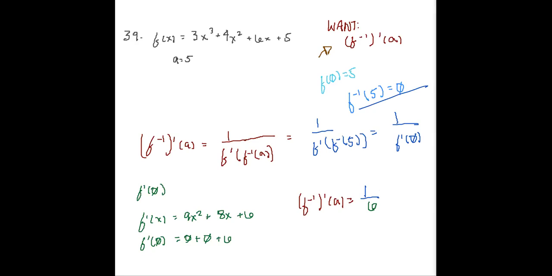Scrolling to 6.4. Okay. So I am currently on page 436 in section 6.4, and we are going to start differentiation of logarithms. And we're going to jump right in with number 2.